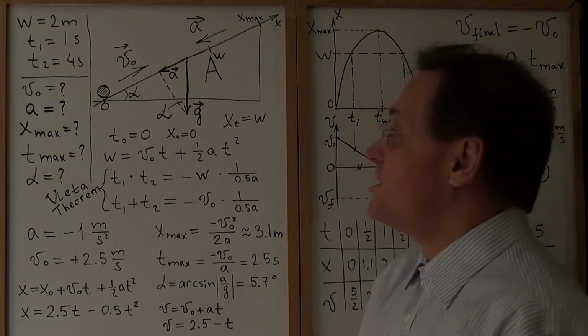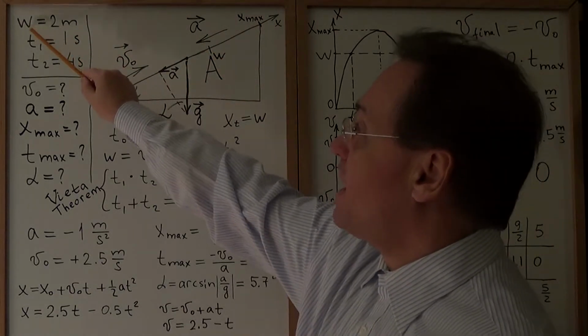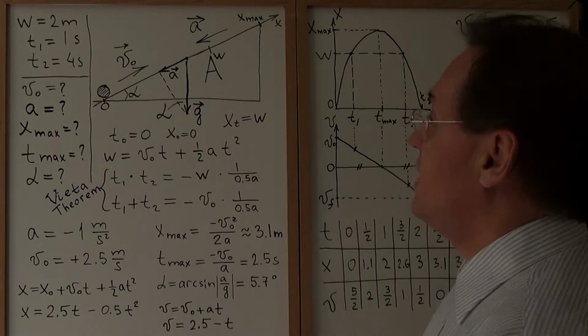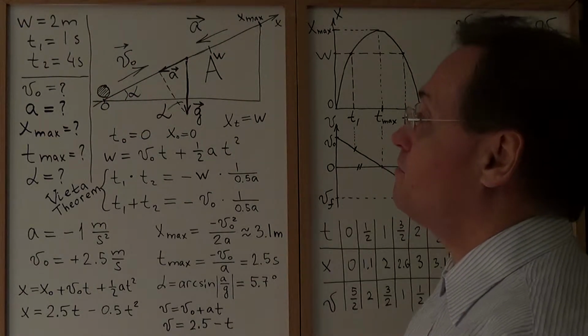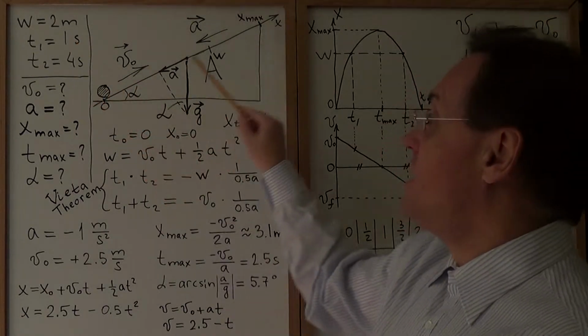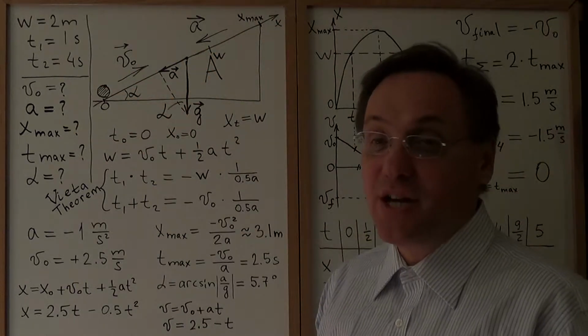Also, we know that at point A, at the distance w equals 2 meters from the initial point, it will be 1 second from the beginning, and on the way back it will be 4 seconds from the beginning.